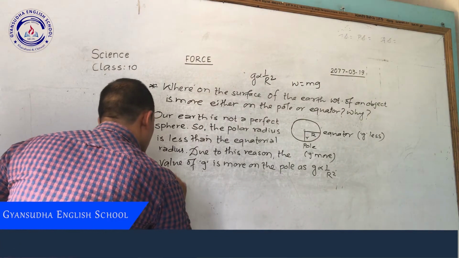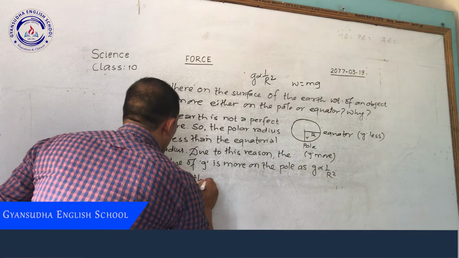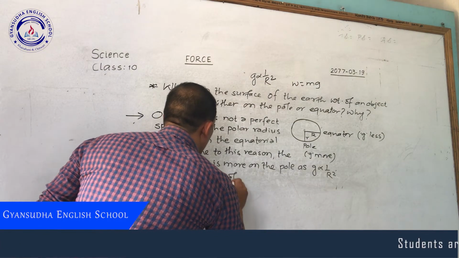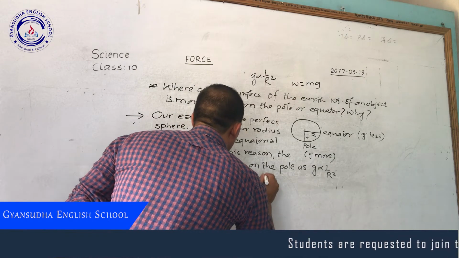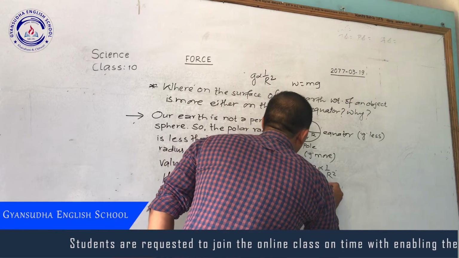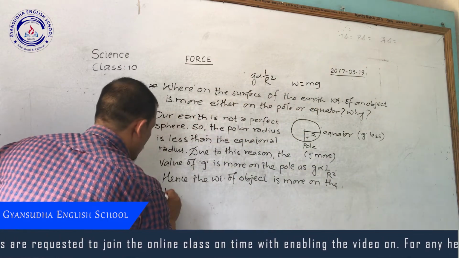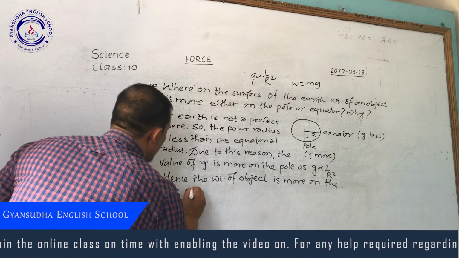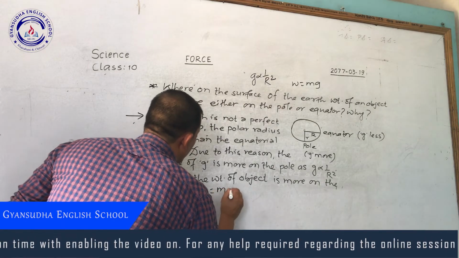Hence, the weight of the object is more on the pole, as W equal to mg.